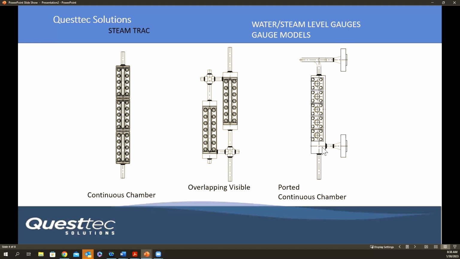That is required because these operate like a transparent sight glass, where you don't get the black or clear interface like you would with a reflex. But as you notice, it's a continuous chamber. The reason we can do this is that there are always simultaneously two lights, hence bicolor, shining through any given port.